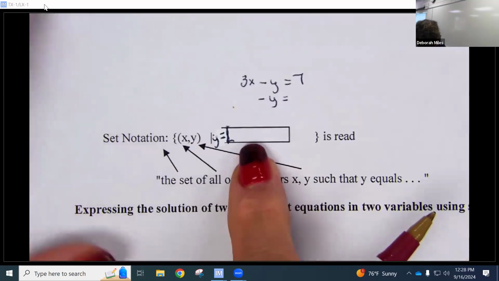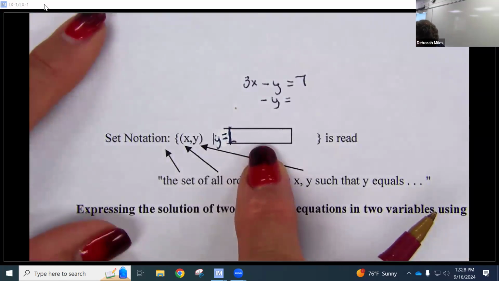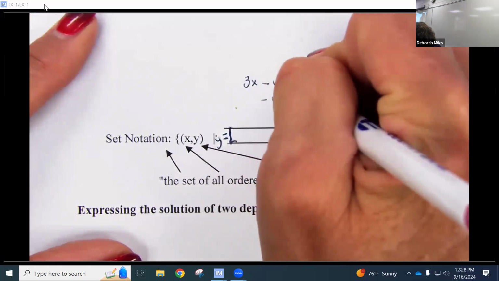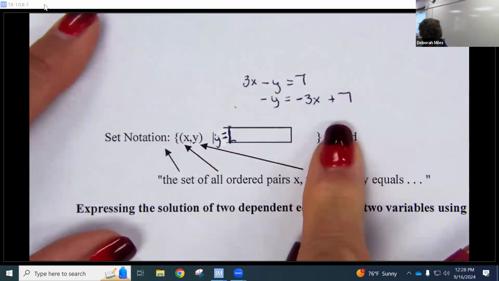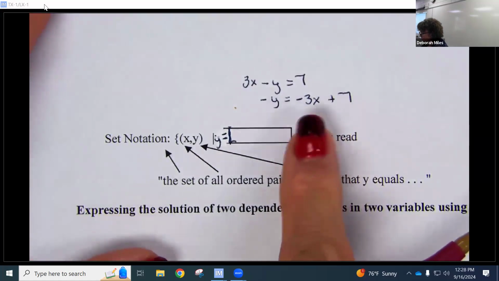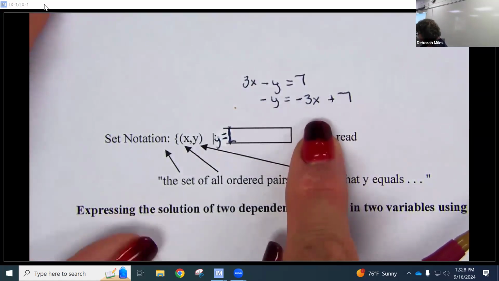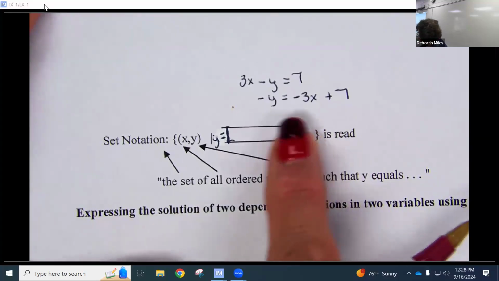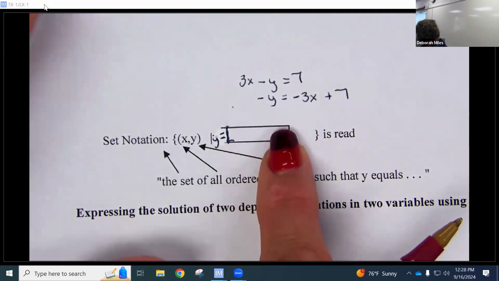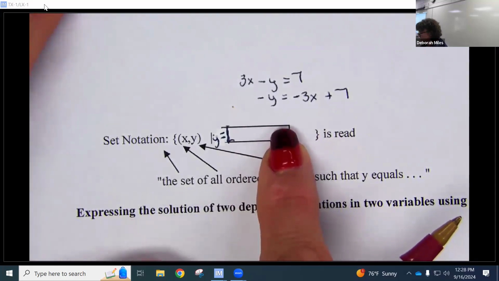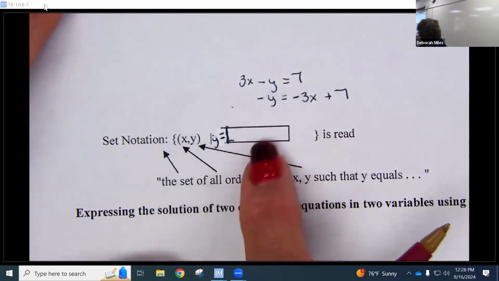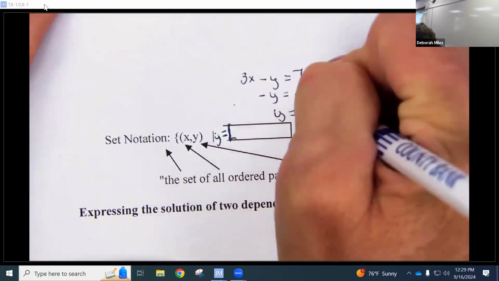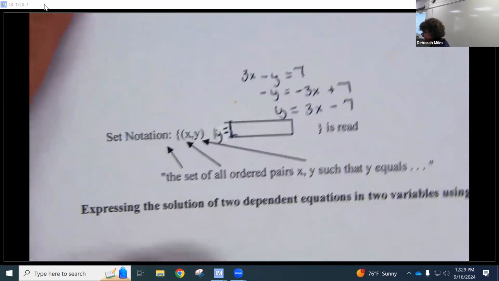And just because I kind of like things in slope-intercept form, instead of writing 7 minus 3x, I'm going to write negative 3x plus 7. Is that the same thing as 7 minus 3x? As long as the 7 is positive and the 3 is negative, yep, that's the same thing. And then one other thing, do I have to do? Multiply or divide both sides by negative 1. And you get y equals positive 3x minus 7.